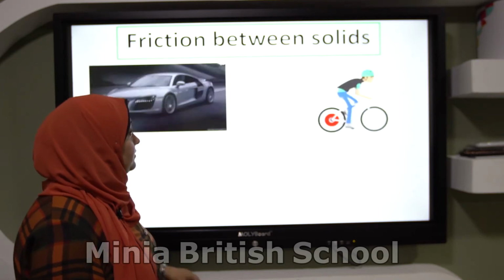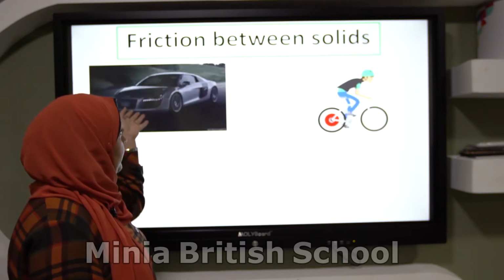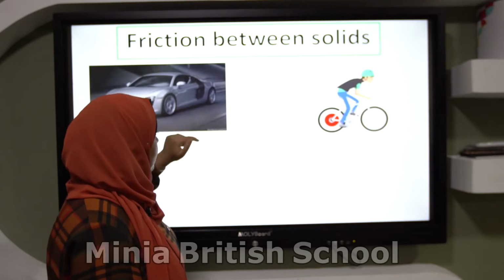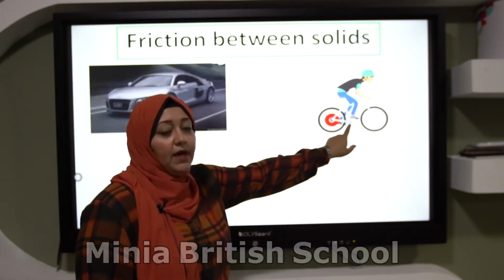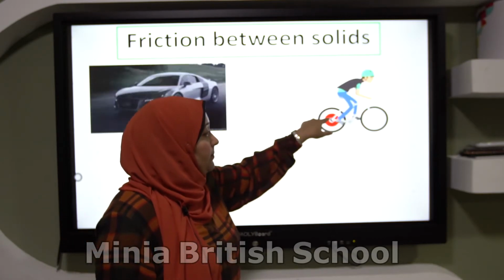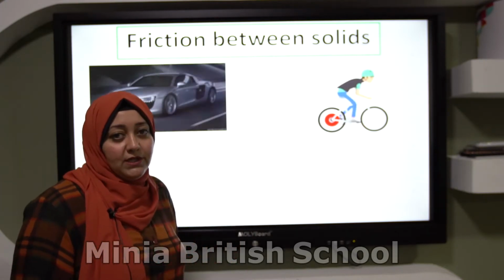What else? When you are driving a car, there is a friction between the tires of the car and the roads. Also, when you are riding a bike, there is a friction between the tires of the bicycle and the road, and both of them are solids.